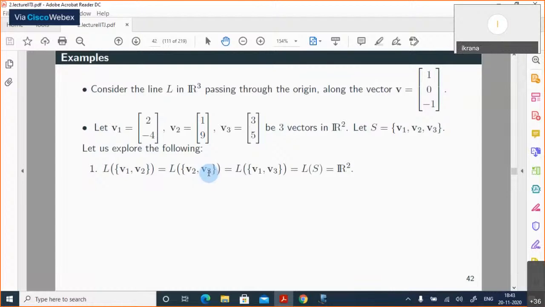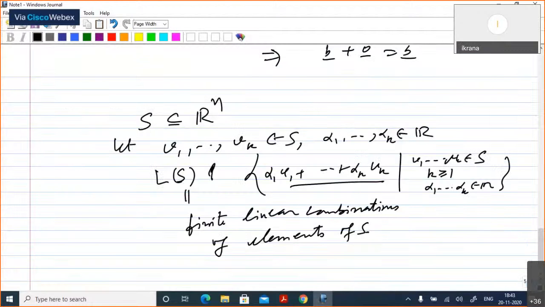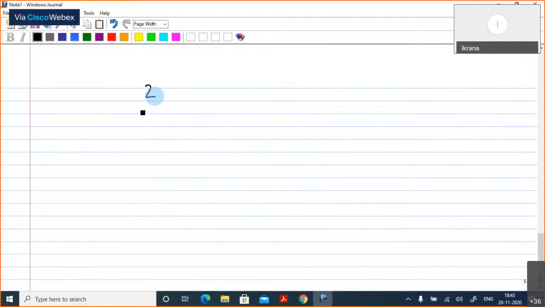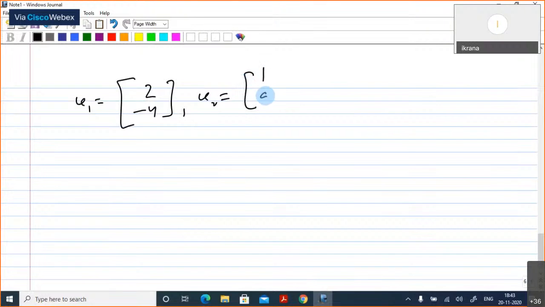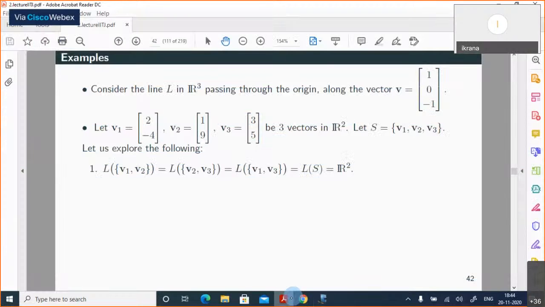So let me write: 2, minus 4, that is v1. What is v2? v2 is 1, 9. And v3 is 3, 5.